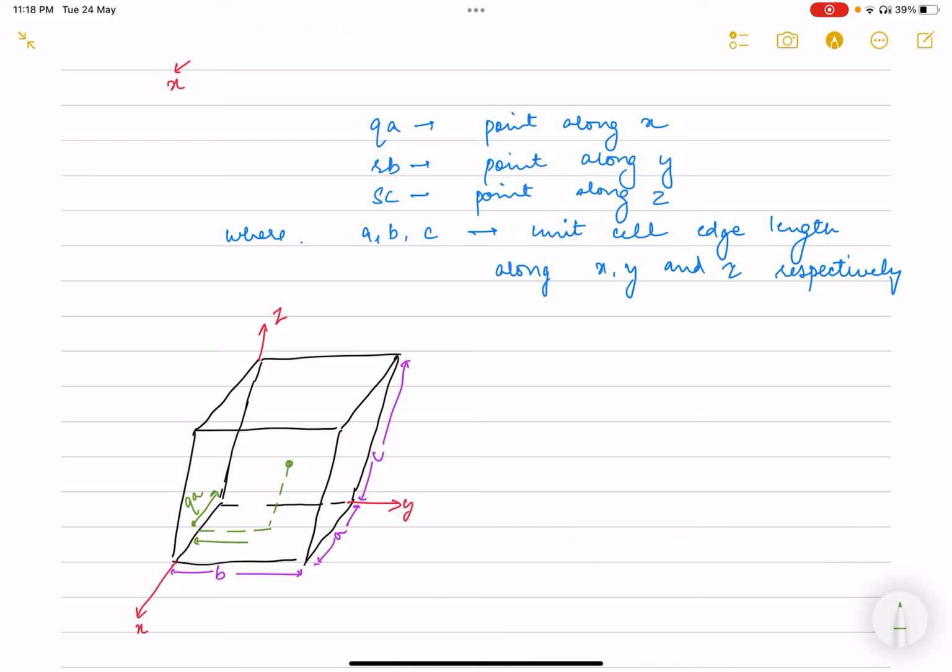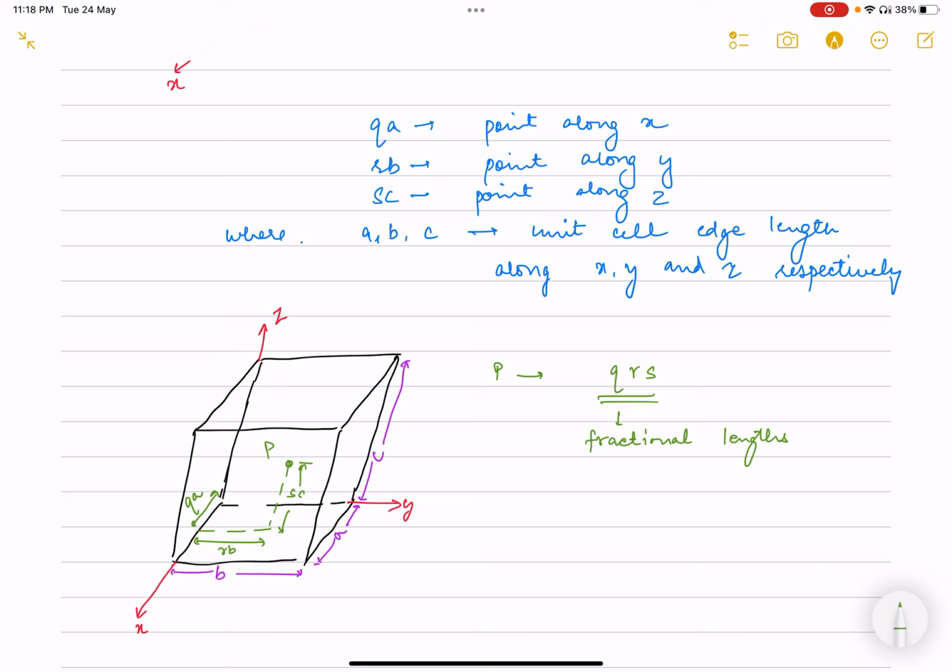This length is your point along y, so this will be rb, and this is along z, so this will be sc. So this particular point P can be denoted by q, r, s, which are the fractional multiples or fractional lengths along x, y, and z.